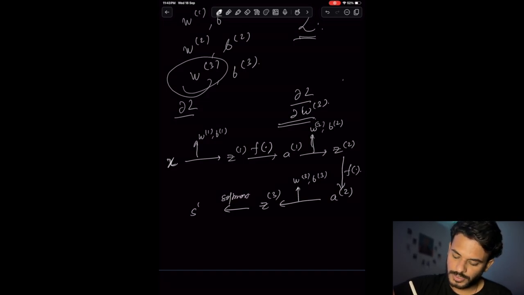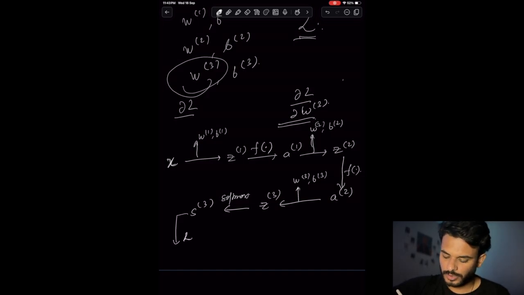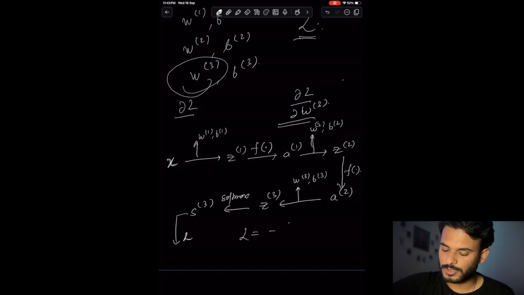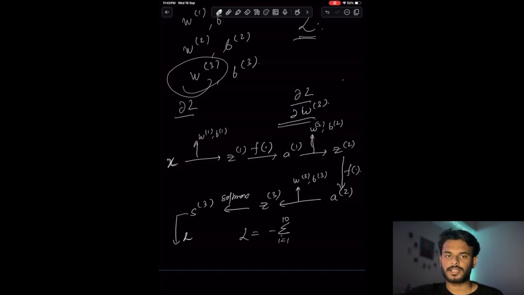Softmax will give us S3, and from S3 we'll calculate our loss, which is the formulation: minus summation i equal to 1 till 10, yi log of si. For our case we are considering 10 classes, but it could be any general value k.